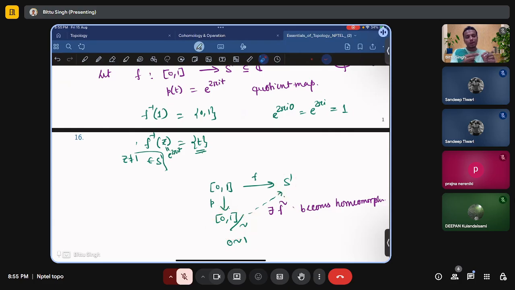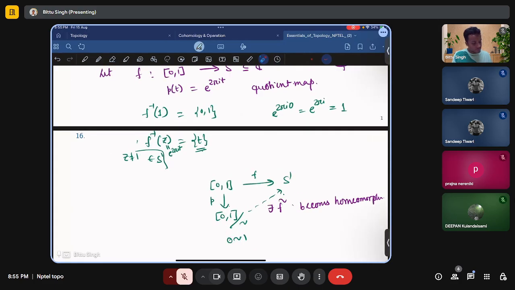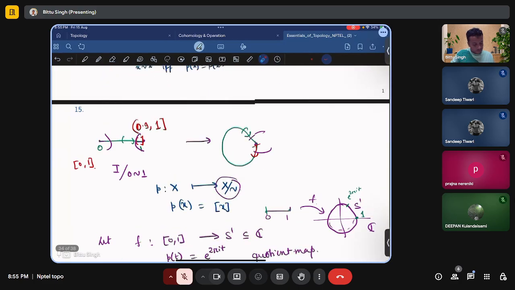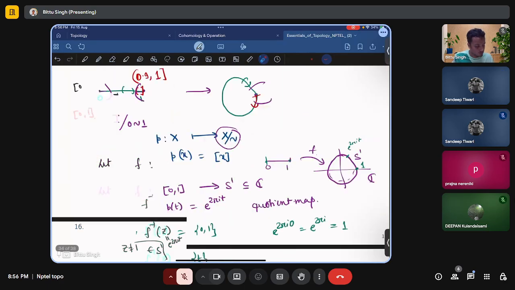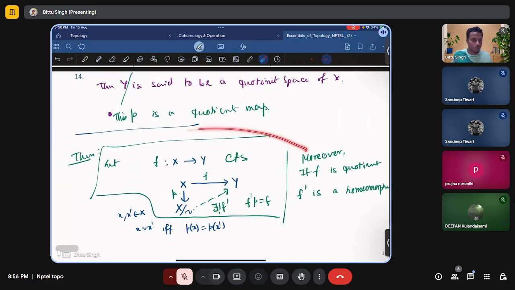Geometrically we see that if we identify the endpoints of a thread, that becomes a circle, right? That is how the idea is mathematically described. There are lots of things we need to prove, but the idea is clear.